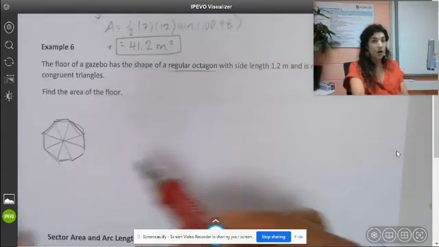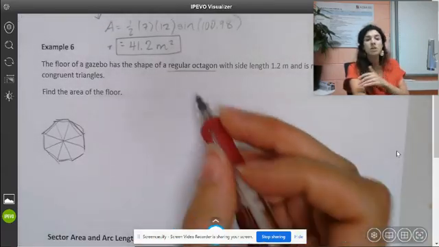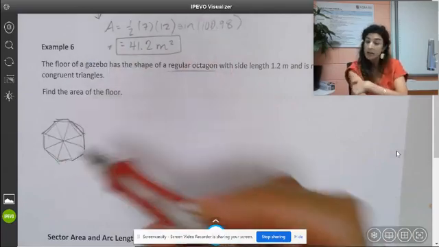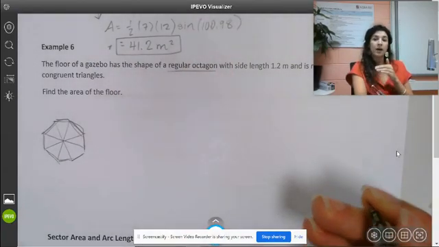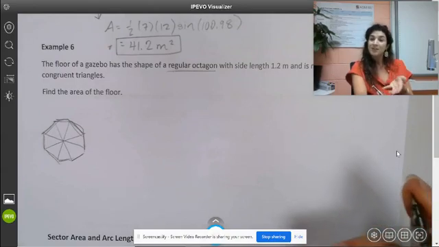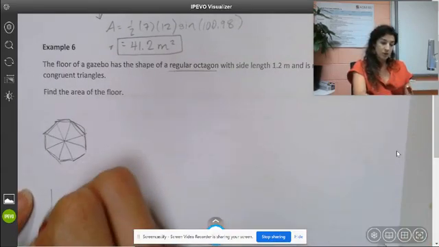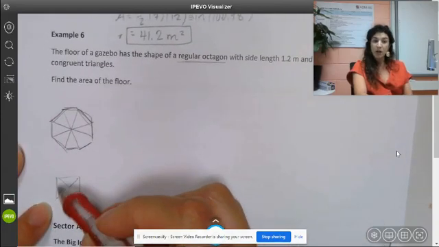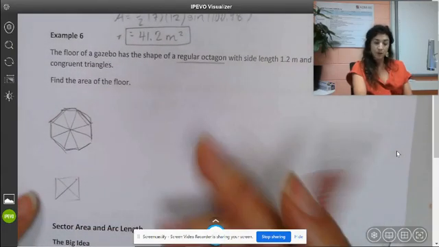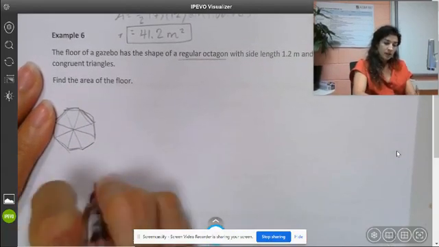So all 8 of these triangles are equal to each other. And that will always be true with a regular octagon or any regular polygon. You can always split a regular polygon into a number of triangles that are equal. So with a square, you could split the square into 4 triangles that are equal.